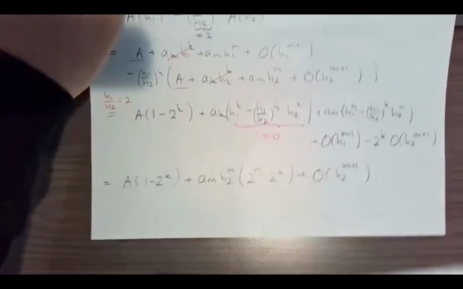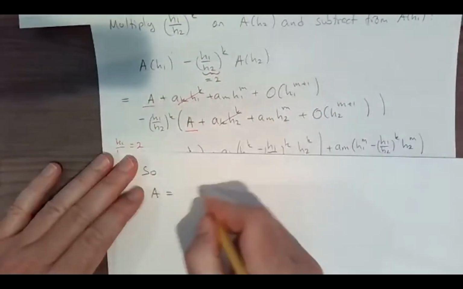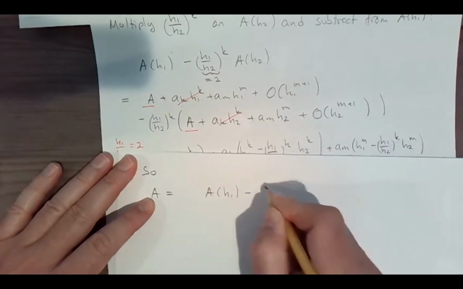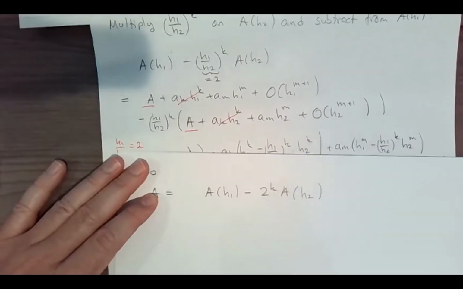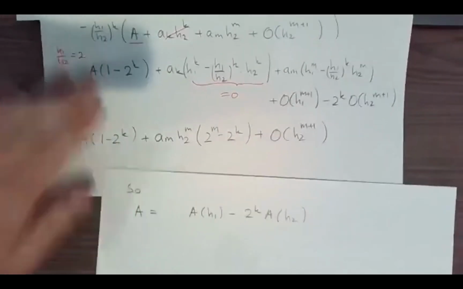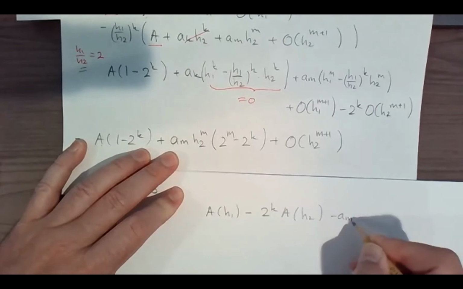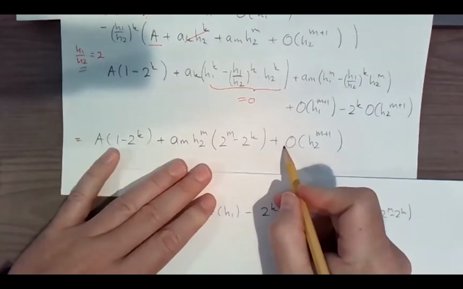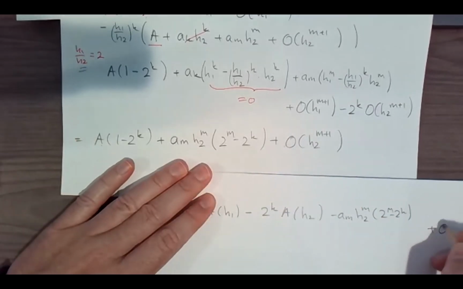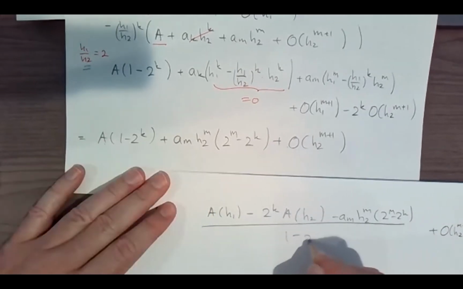Get a is equal to this difference here, a of h1 minus 2 to the k, a of h2, minus am h2 to the m, 2 to the m minus 2 to the k, and then this guy, keep him outside here, O of h2 to the m plus 1, and then divide over by 1 minus 2 to the k.